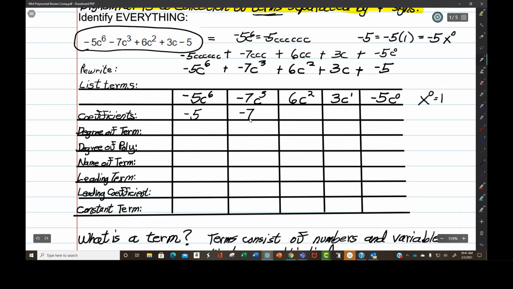And the coefficient of this term is 6. And the coefficient of this term is 3. And if you're thinking of this term as being -5 times c to the 0, the coefficient is -5.